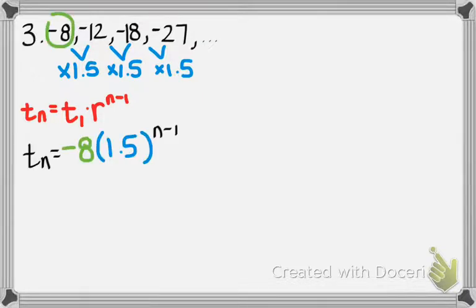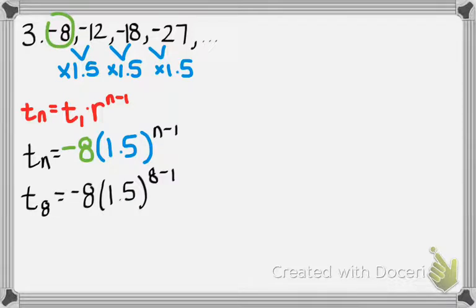So for my general rule for the nth term, I have Tn equals -8, my first term, times 1.5, which is my common ratio, to the n-1 power, because I want this in terms of n. We're also asked to find T8 once we have this rule.